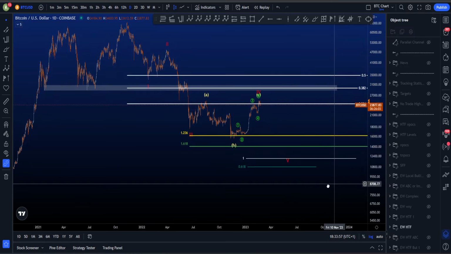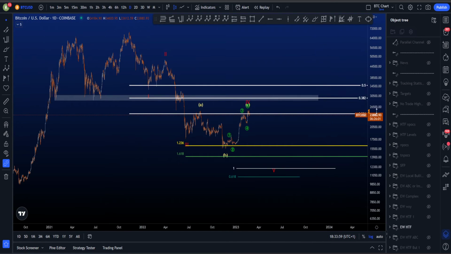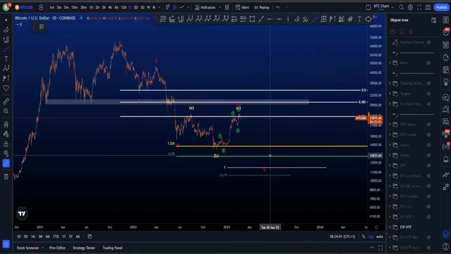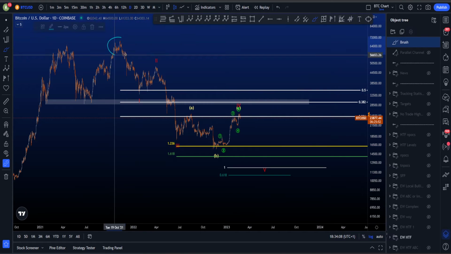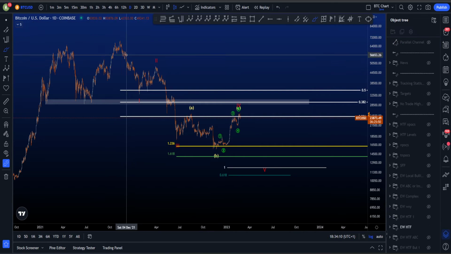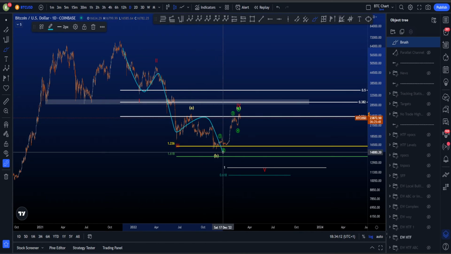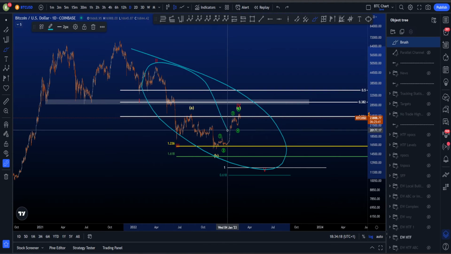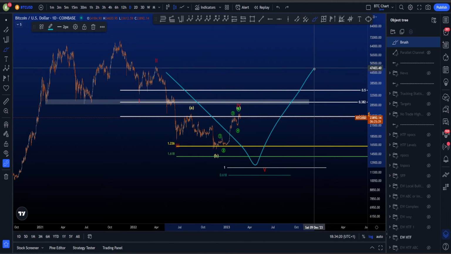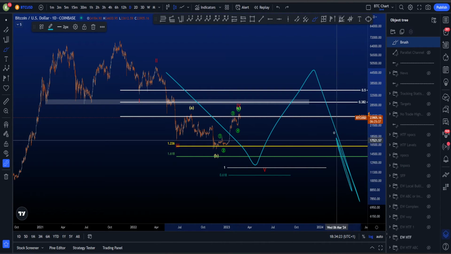Now the thing is that if this is indeed a wave 5, then the correction needs to do this. Because if this is the all-time high after 5 waves, we cannot finish a bear market like this, because this is an impulsive wave. An impulsive wave is always followed by a wave up and another impulsive wave down, another 5-wave structure.